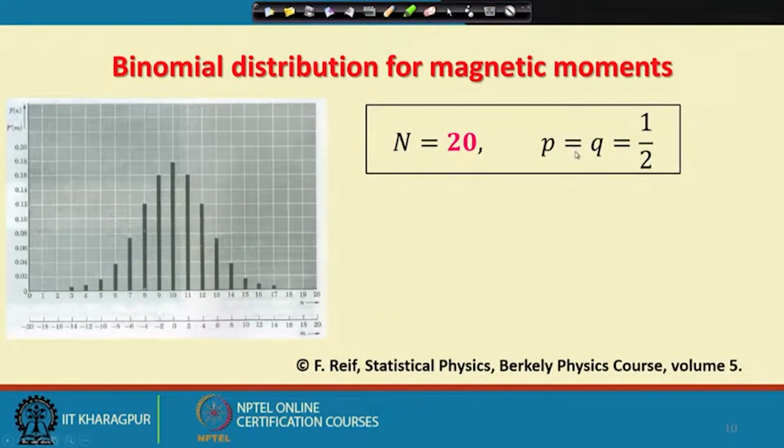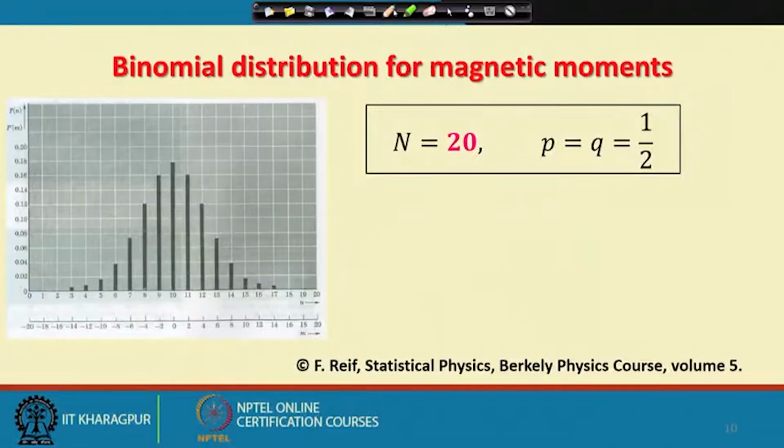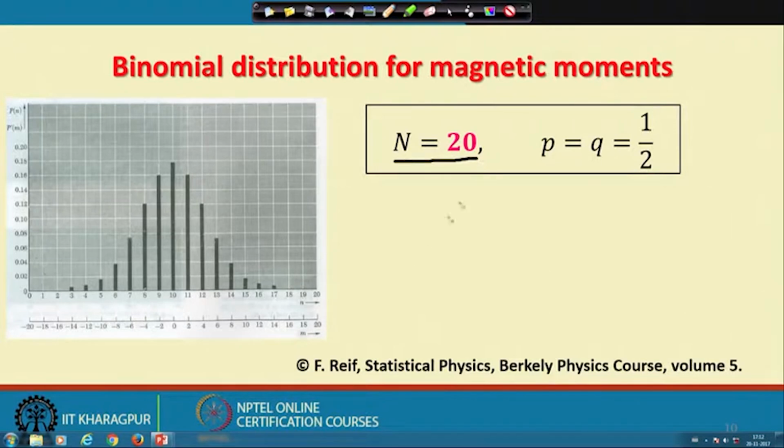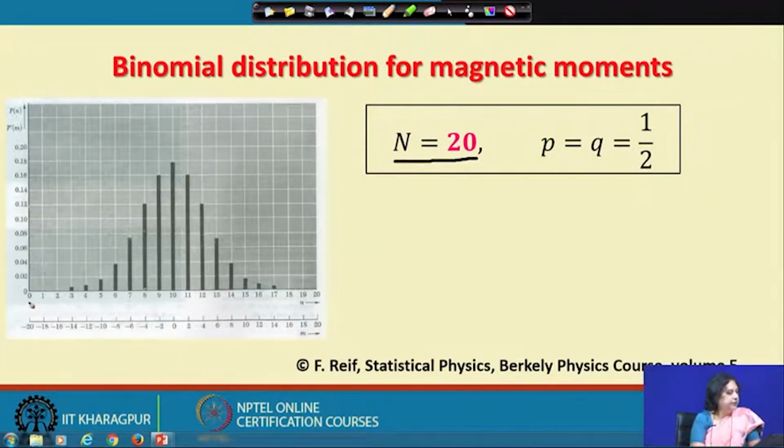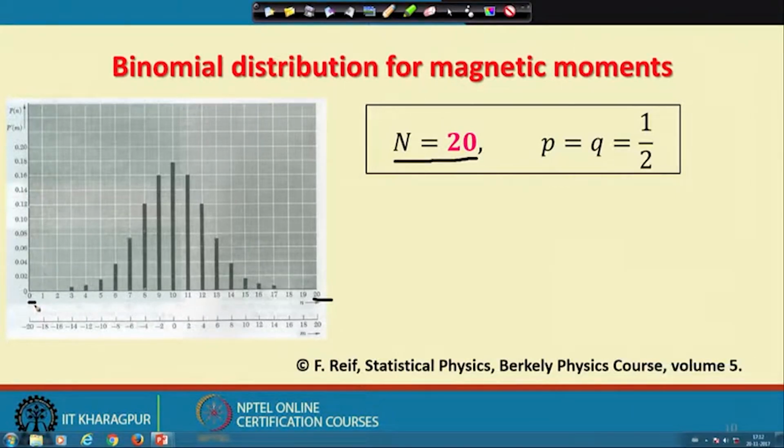In the next slide, let us still have no applied field in the system, but a larger number of spin half particles. In this example, we have taken the total number of particles equal to 20. Because capital N is equal to 20, small n can now vary from 0 to 20. When small n is equal to 0, all the spins are pointing downwards.